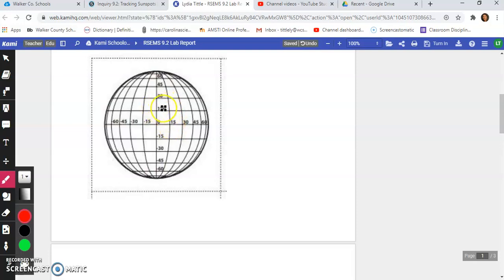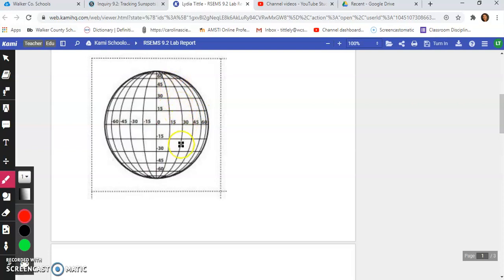If it was meeting the latitude line 15, it would be where 15 and 15 meet. Or maybe it's between 15 and 30. So if it was about halfway between 15 and 30, it would be about, what would that be, about 22? So somewhere around 22 would be if it's halfway.